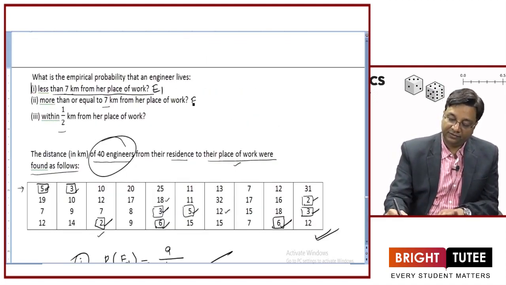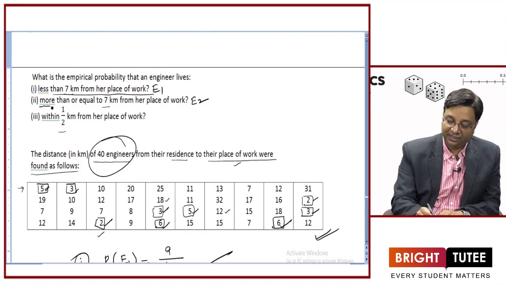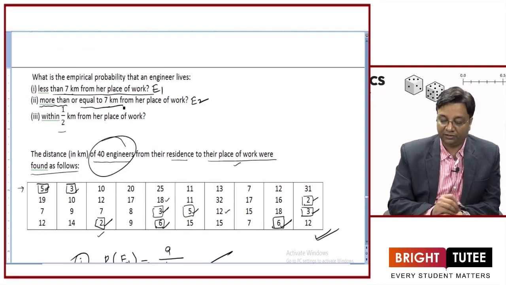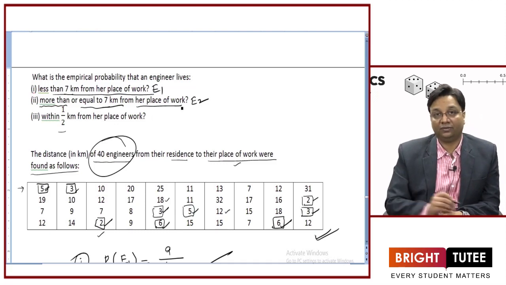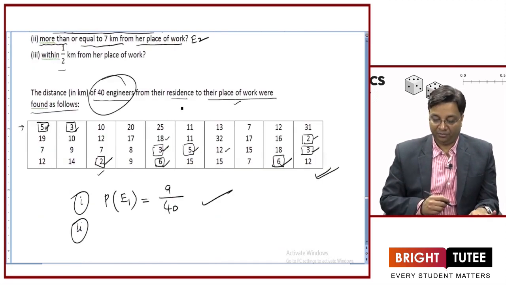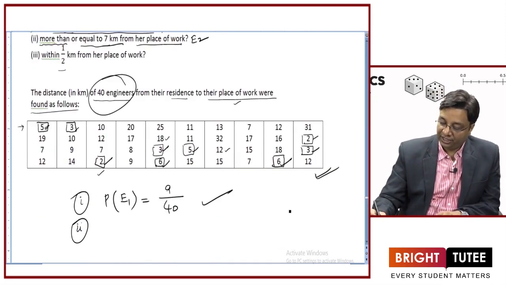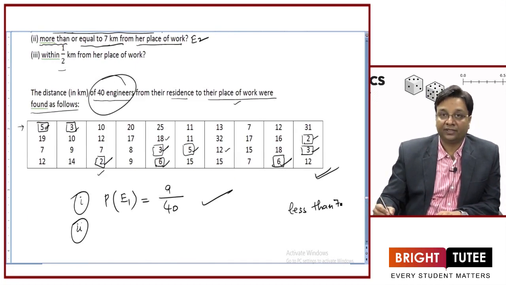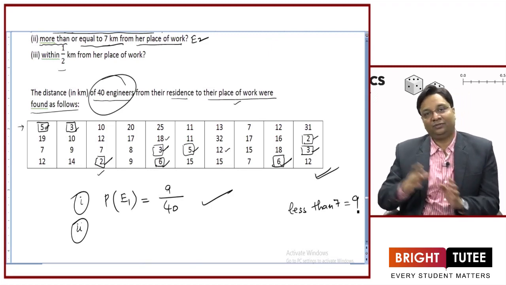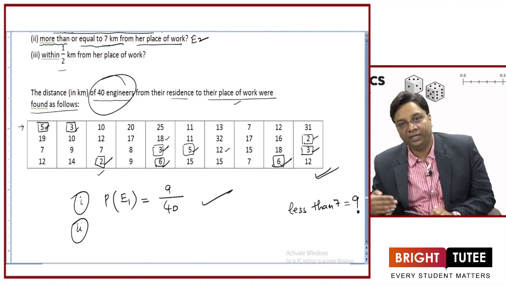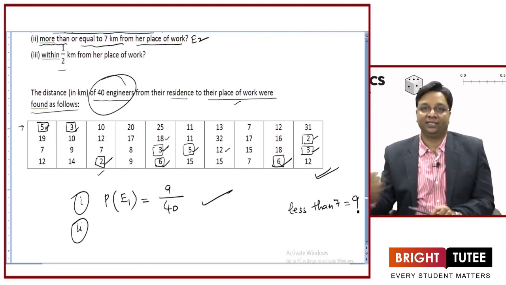Let us say this is event 2, that an engineer lives more than or equal to 7 kilometers from her place of work. Now, this one is very simple to calculate because we have already calculated less than 7. These were 9 engineers. So, the rest of the engineers live equal to or more than 7 kilometers.